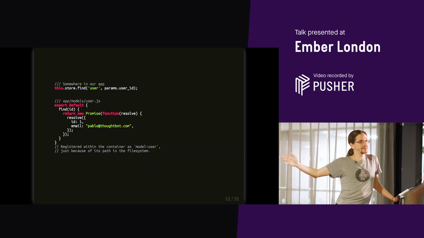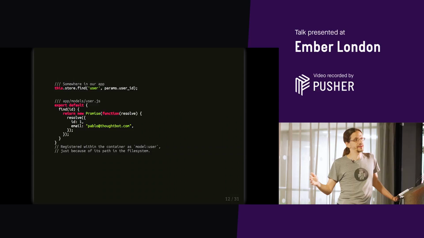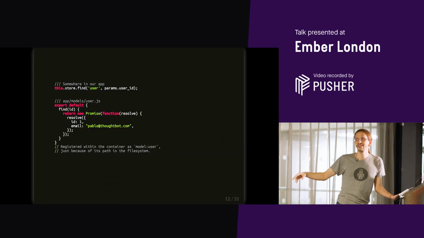We have put it in models/user.js, and during the build process, Ember looks at what we have in the models directory and takes all those modules and registers them in the container as models, each one with the name of the file. And this default implementation of the store is able to find a model with that name and use this. And this will work. You don't need to do anything special to make this work.